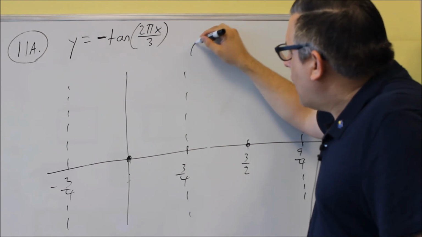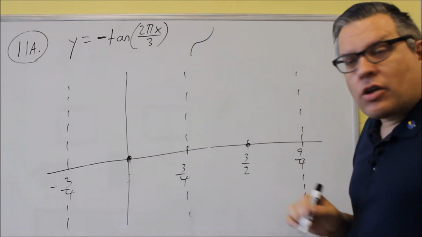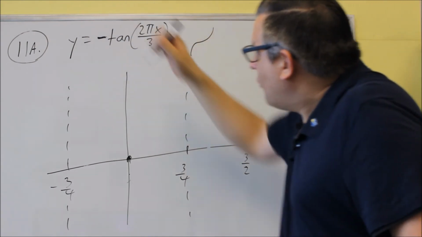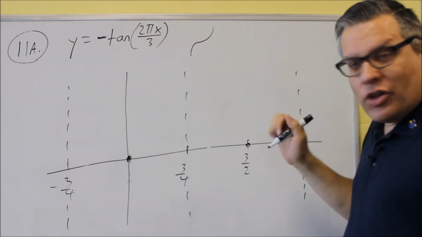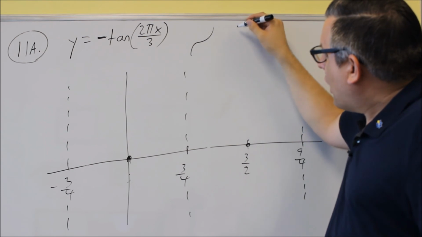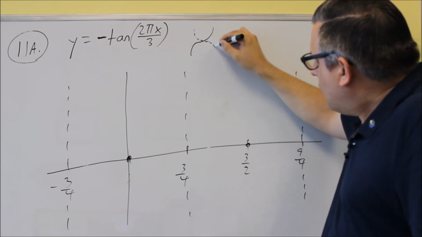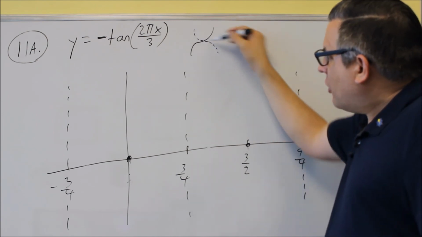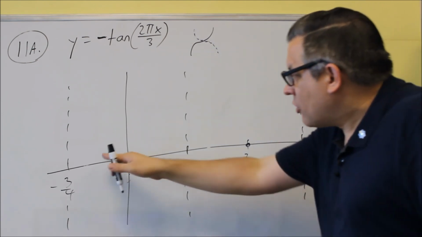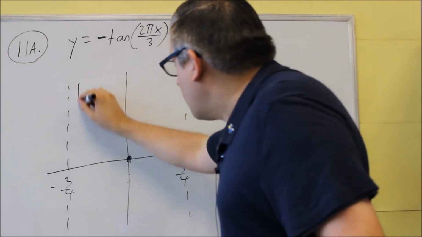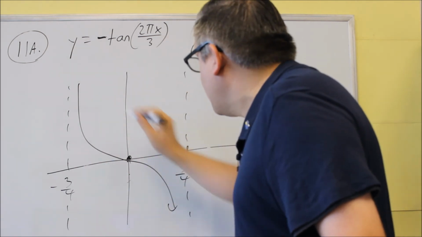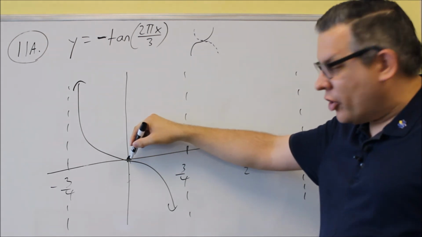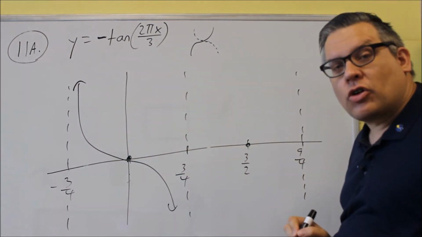Now a normal tangent graph looks like a cube-shaped graph like this, but because I have a negative there, the graph actually flips. So instead, the graph is going to look like that dotted line there. So if we flip the graph over like that, then it looks like the dotted line. So it's going to follow that vertical asymptote, go through this point here, curve, and follow the other vertical asymptote.